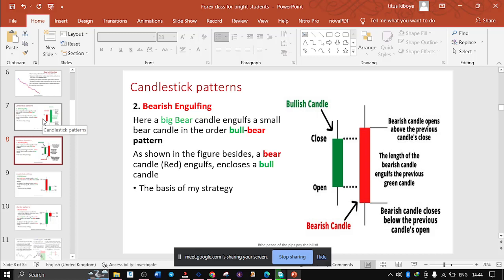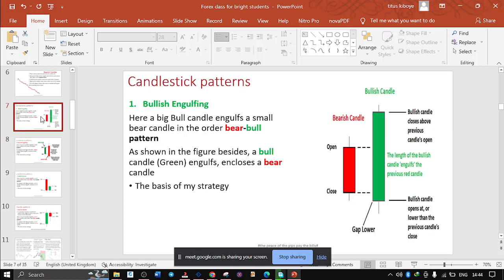The bull is first, then the bear is next. That's why I put it in the order of bull, bear. So the bear is engulfing the bull, but the order is bull, bear. First, go back another slide.